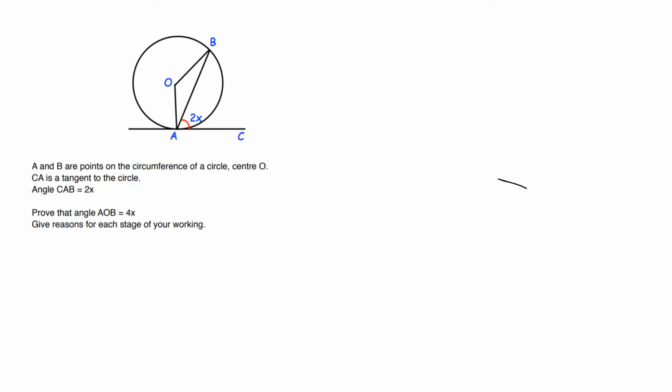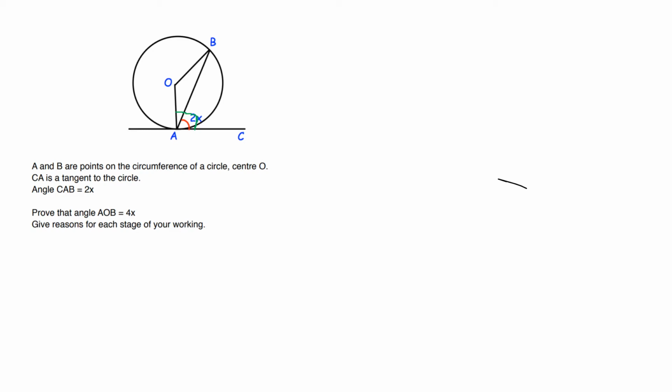So OA is a radius of the circle and AC is a tangent. So angle OAC here is going to be 90 degrees, because it's the point on the circumference where a radius and a tangent meet.